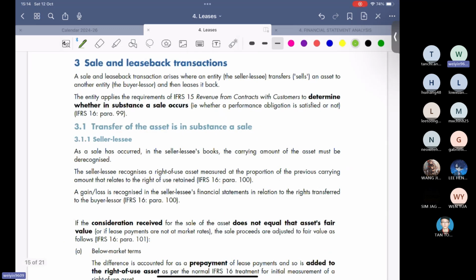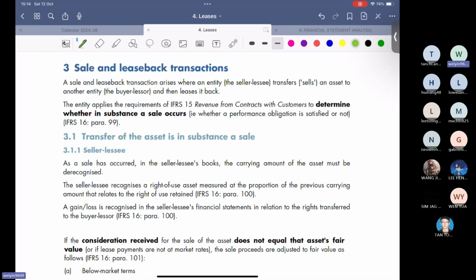Okay, sales and leaseback transaction. This one, so far is not mistaken, except for the latest one which I cannot really look into, but so far it's been tested 2 times on this sales and leaseback transaction. Right? So no matter what, it's a good question to be asked because it can involve a lot of things.